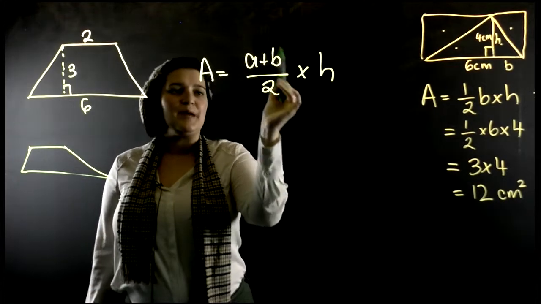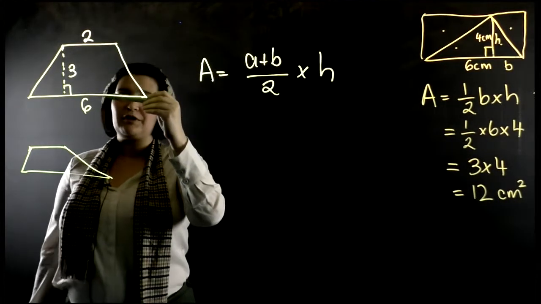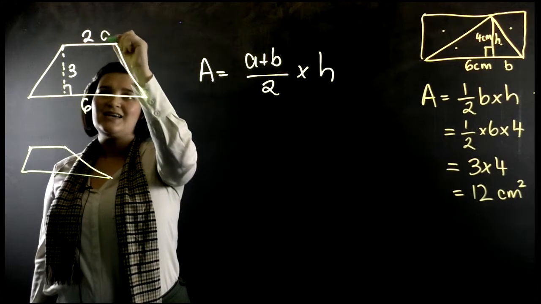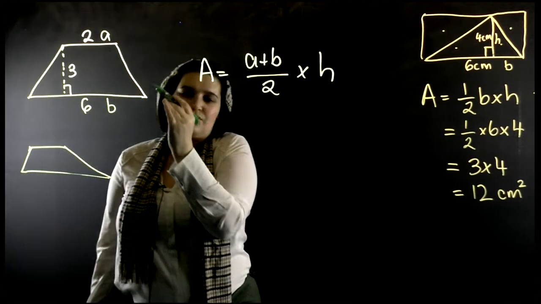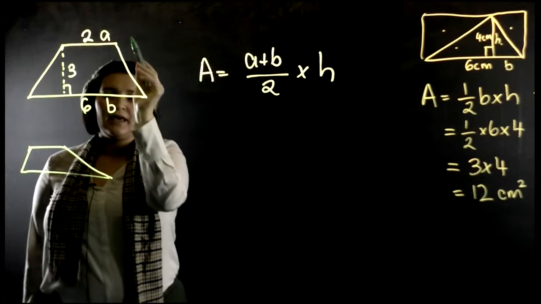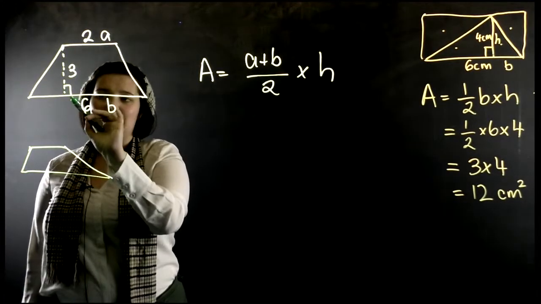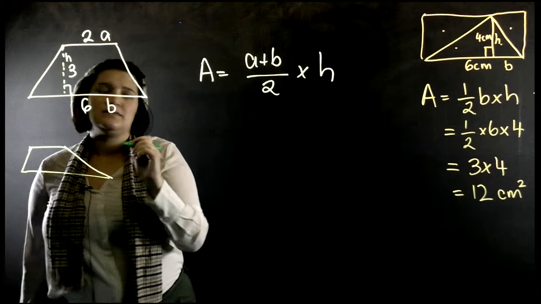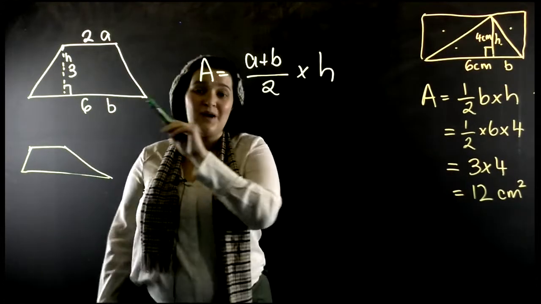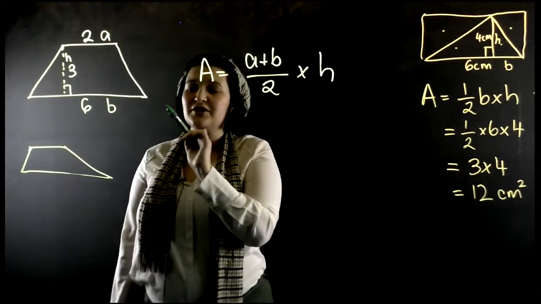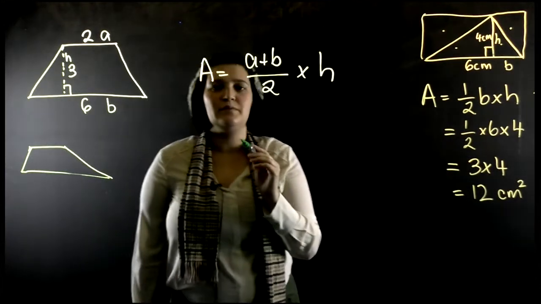So the A plus B over 2 is taking the average of the top and the bottom. So I'd call one A and the other B. Usually we call the smallest one A, doesn't really matter. And then the H is perpendicular to the B, the base. Okay. So I can now substitute here. What you might have noticed in this diagram is I actually haven't been given units. So we'll talk about what you do with that in a moment.